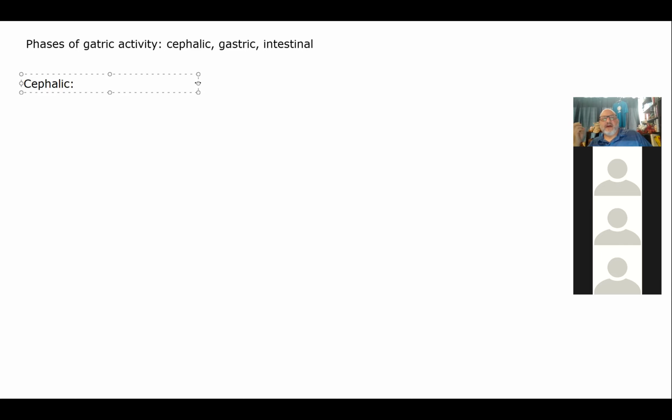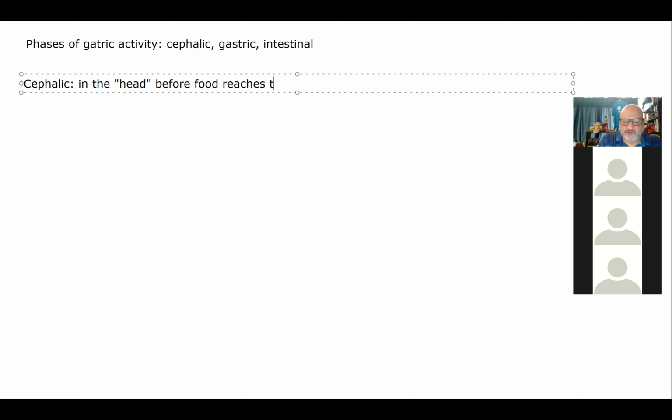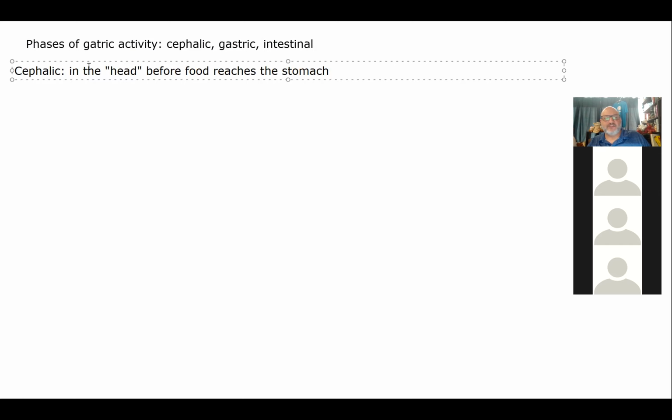Where does this phase get its name? Where is the food during the cephalic phase? True, it's in the head, right? But again, remember, that could be in the mouth or something like that. So another decent way to think of this is that this is before the food reaches the stomach, right? So that is when this phase occurs.